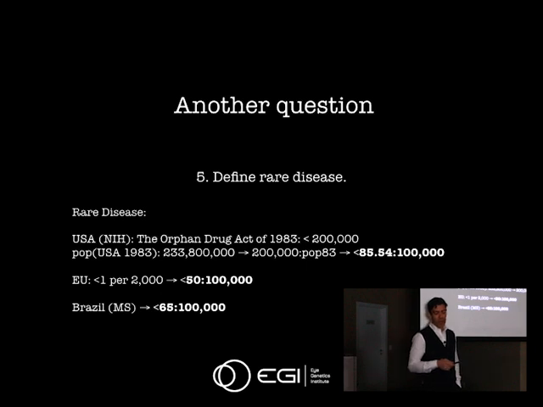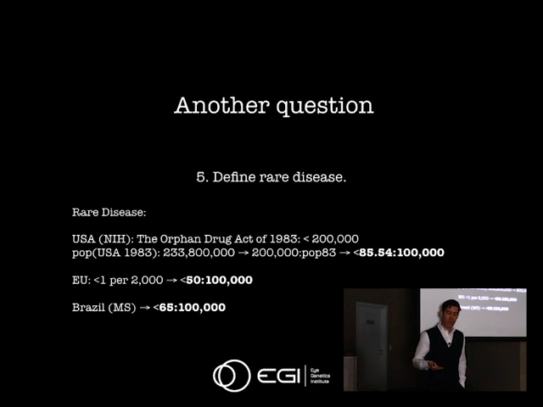Not a lot, but we can see that in the US, there was the Orphan Drug Act in 1983, where it was defined that if less than 200,000 of the US population is affected by some type of condition, that means that it is a rare condition.